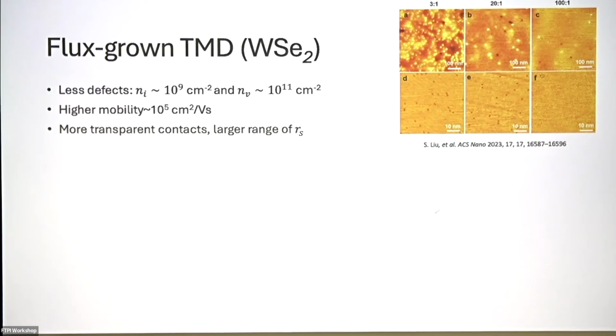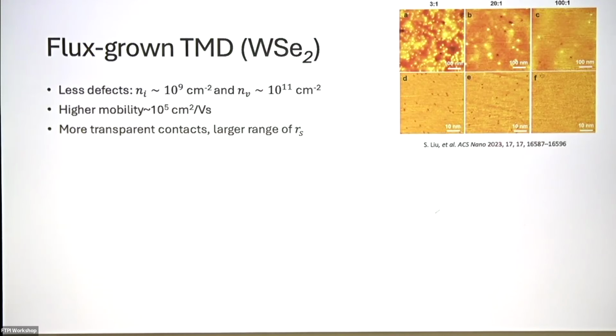They use different flux density for the transition metal and the selenium atoms. So if they increase the ratio of W compared to Se, they find that they can decrease the defect density by a lot, like even 2 orders of magnitude.